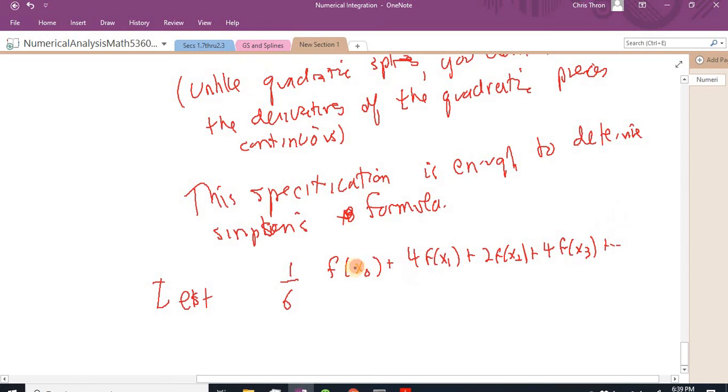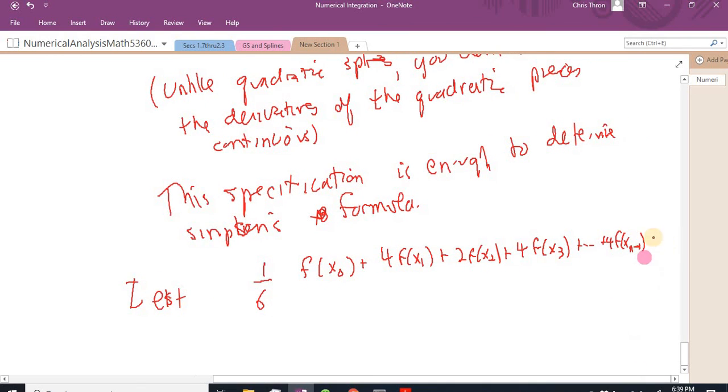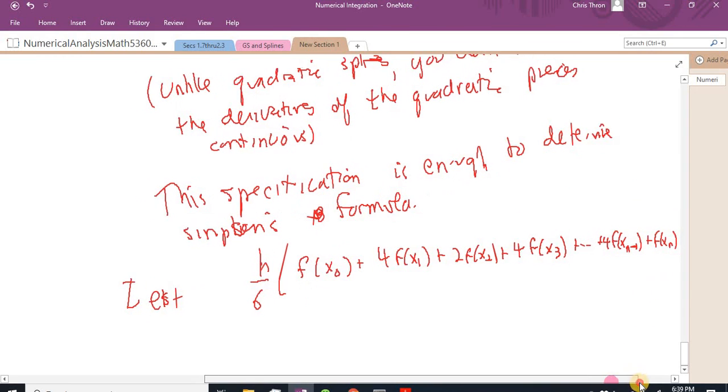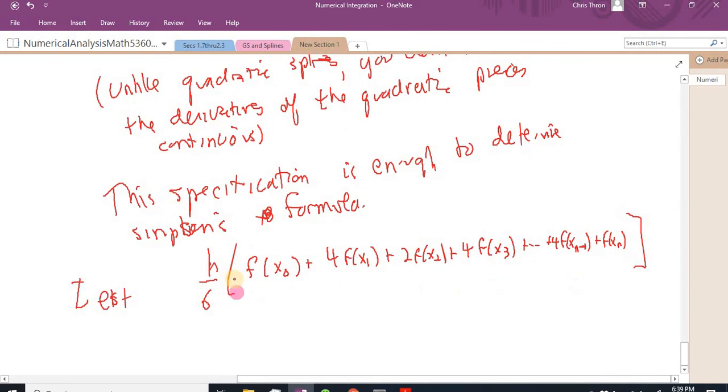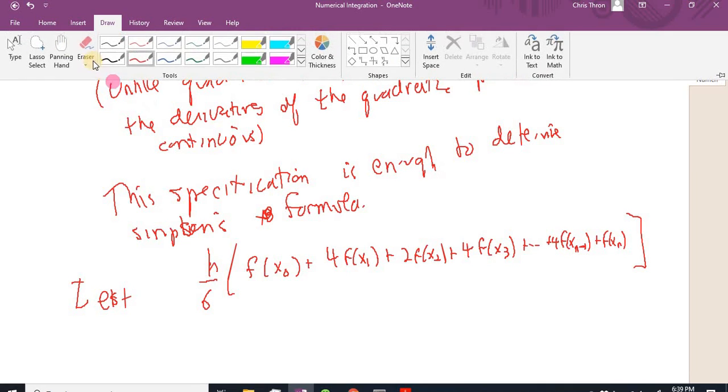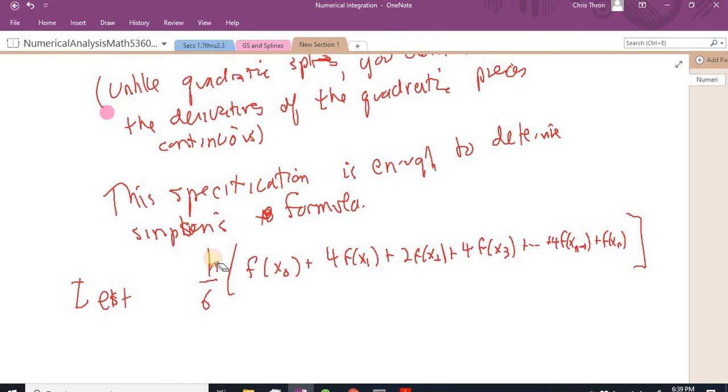And it goes 1 4 2 4 2 4 2 4 2 4 2, and then you get plus 4 f of xn minus 1, and then plus 1 f of xn, and this is all times h, something like this. It's h over 3? h over 3? All right, thank you. But everything else is okay? Yes. Okay. Amazing.